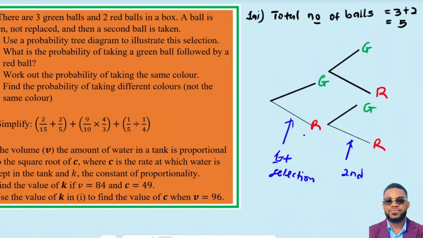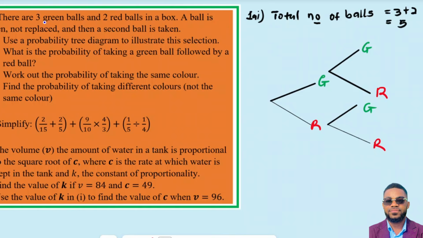So now that we have our first selection and our second selection, the next thing is to get our various probabilities. So let me get them right here. Let me clear this stuff from here. So what you have to know is that anytime you draw the branches, each line should go for one item. So in this case, we have green, red, green, red, green, red. So now we have 3 green.